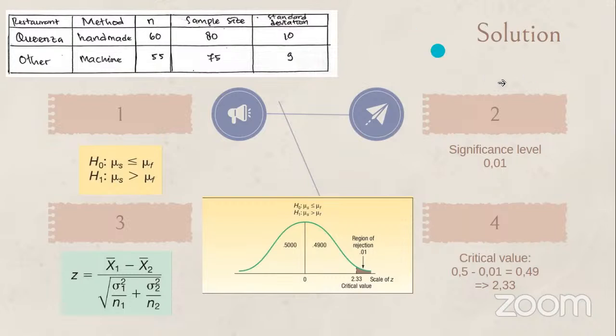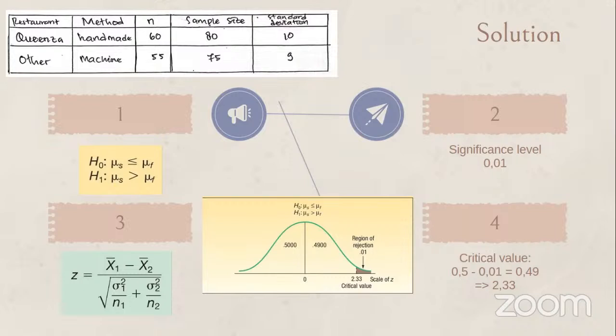Next, to find the answer, we use the formula z equals x bar 1 minus x bar 2 divided by the square root of sigma 1 squared divided by n1 plus sigma 2 squared divided by n2.